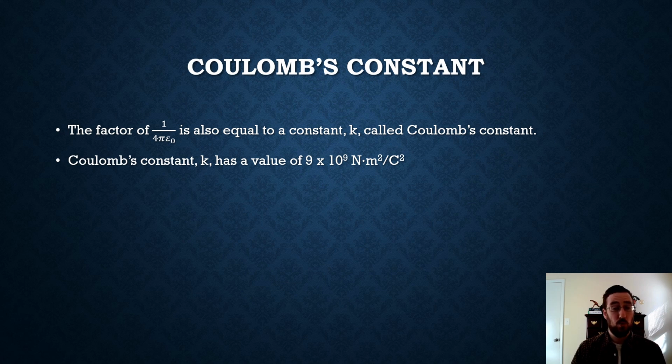If you were to do 1 divided by 4 times pi times 8.85 times 10 to the negative 12, you would get this value, 9 times 10 to the 9. So depending on what is given in a problem, or the different sources and books or websites you look at, you might see it written with 1 over 4 pi times epsilon naught, or you might just see Coulomb's law written as Fe equals K Q1 Q2 over R squared, which is a smaller looking formula, but it's basically the same thing.